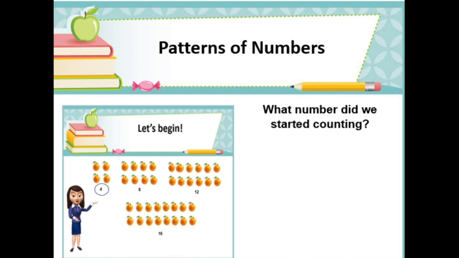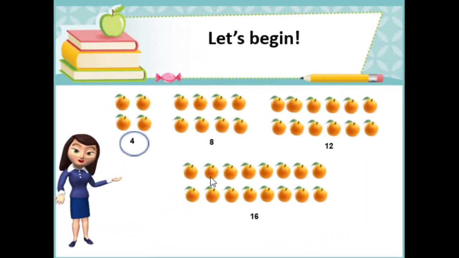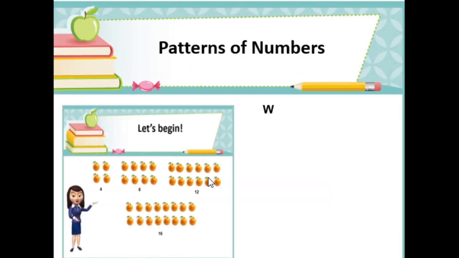We started with, very good, 4. And then we went up and it became 8. So it's 4 plus 4 equals 8. After 4, we had 8. Follow?